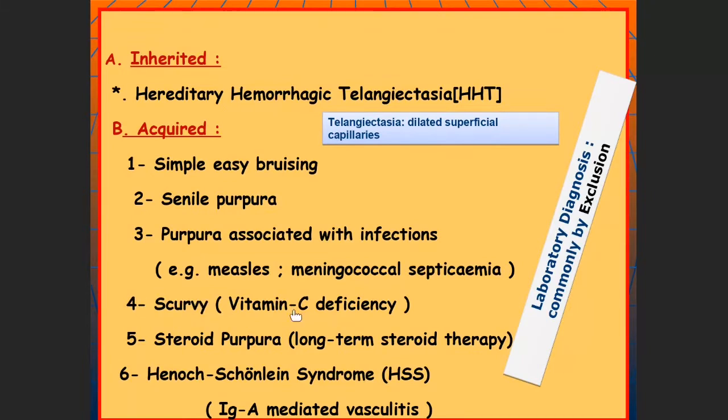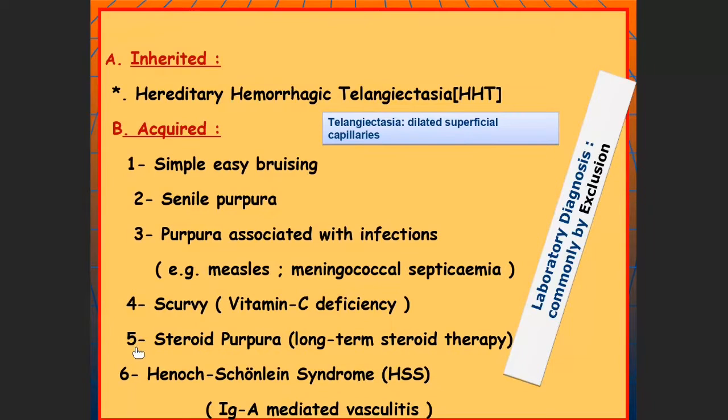When we have deficiency of vitamin C, or scurvy, collagen fiber formation will be defective and there will be abnormal bleeding and purpura. Bleeding due to scurvy occurs in the gum, in the gingiva, in the oral cavity, and characteristically around the hair and hair follicles in the skin.